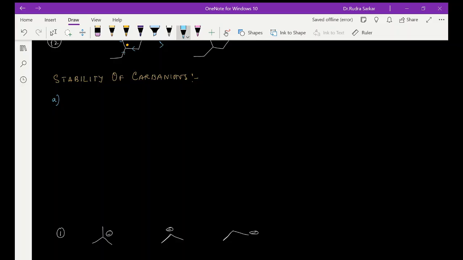A, it is an 8 electron system, say CH3 minus. The system behaves as a nucleophile. It is diamagnetic.